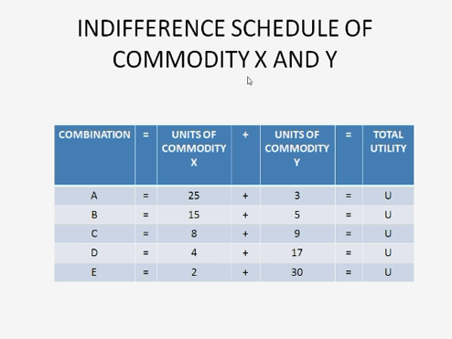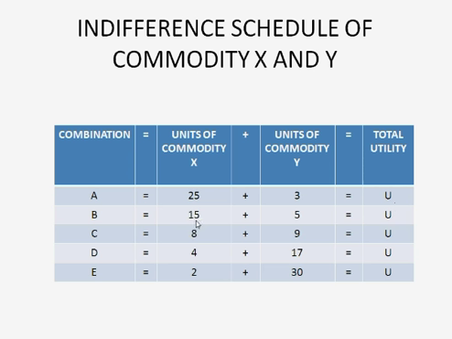We have two commodities, X and Y. Various units of X and Y combinations have been used to make combinations A, B, C, D and E, which will give us the same level of total utility, that is U, in every case. In the first combination we are using 25 units of X and 3 units of Y, and we are getting the total utility, which is U.